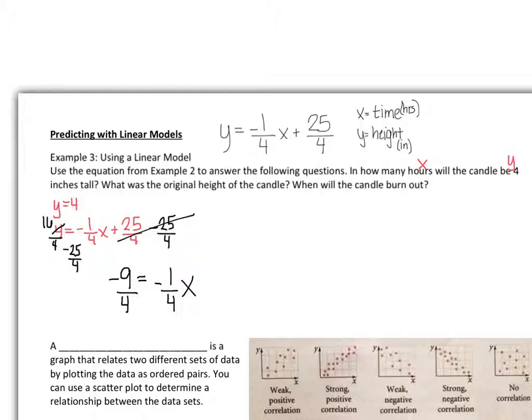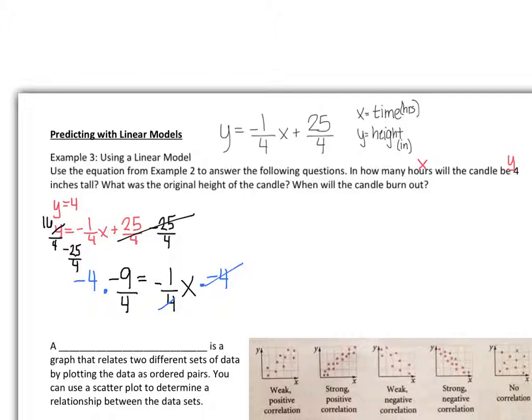How do I get rid of that negative 1 over 4? Okay, so we need to divide it. Dividing by a fraction is the same thing as multiplying by its reciprocal. So what's the reciprocal of negative 1 over 4? Negative 4. Multiply both sides by negative 4.